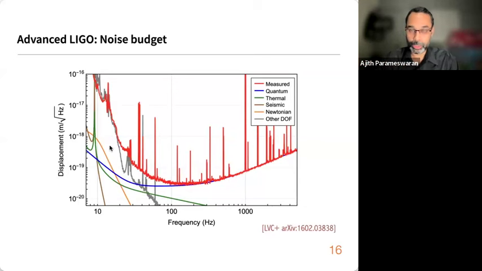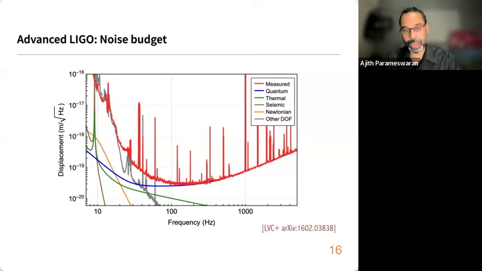Below 10 hertz, the noise goes up very steeply because of the seismic motion and other contributions, like the radiation pressure noise and the gravity gradient noise, because of the Newtonian fluctuations in the gravitational field of the Earth. At high frequencies, it is predominantly dominated by the photon shot noise, and at intermediate frequencies, it is dominated by the various thermal noises.